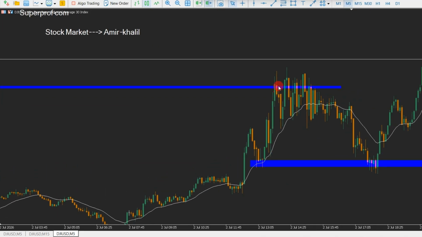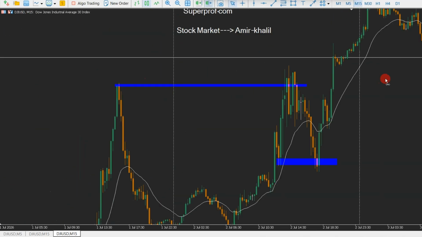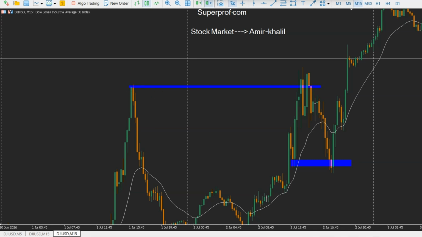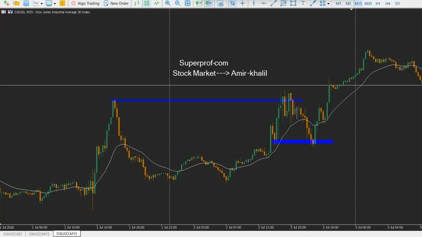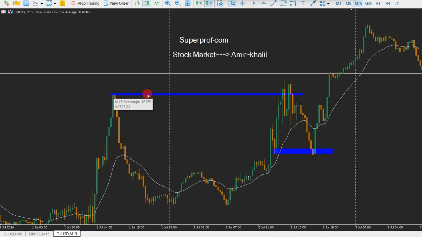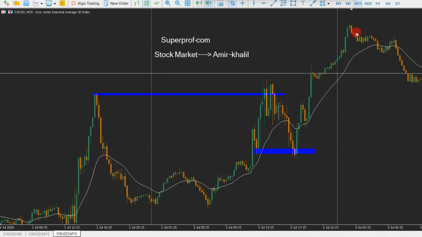you can see that first of all, on the 15-minute chart, we have yesterday's highest high. This is a key level for us. It's a level that we expect reactions from, so this is very important, and you have to draw the zone.